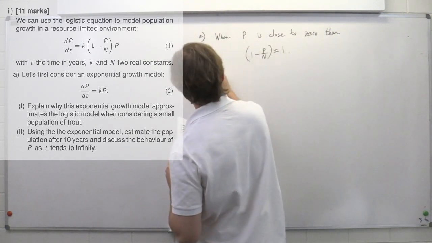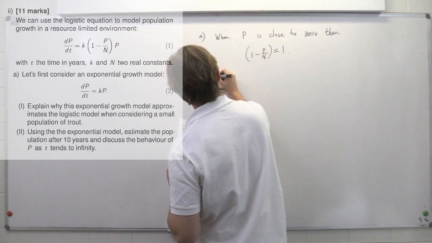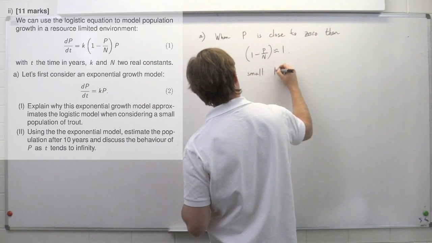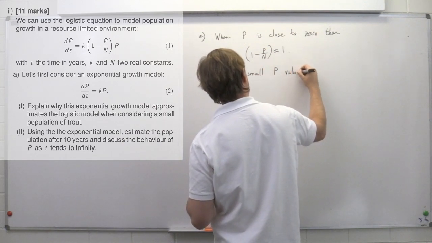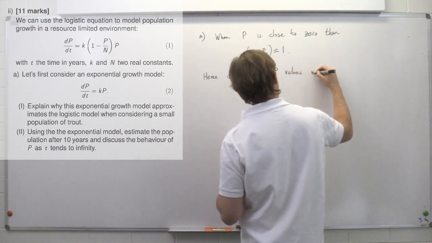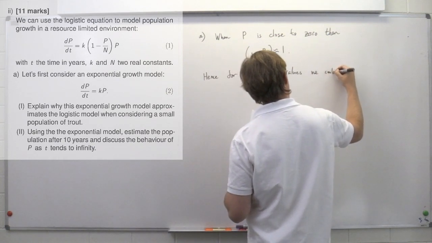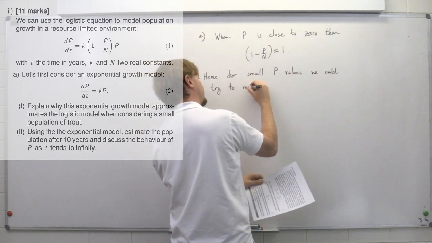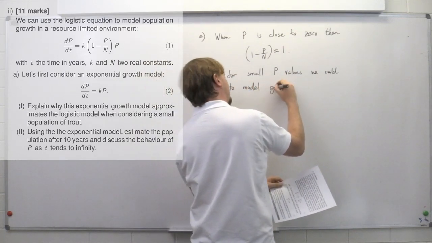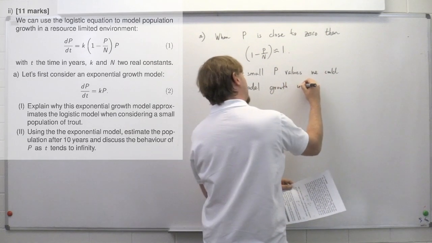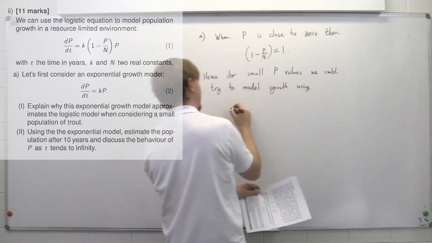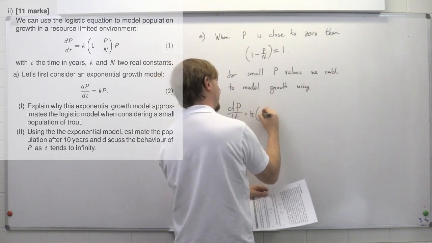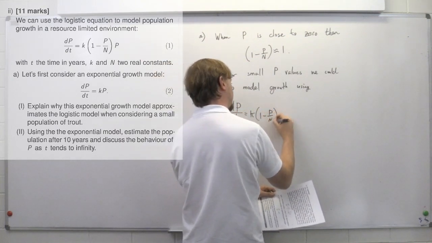Hence for small p values, small populations, we could try to model growth using, well, we're told that this is the model we want to use, this model here.